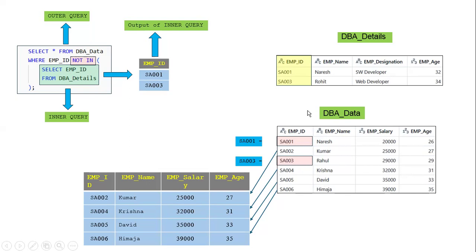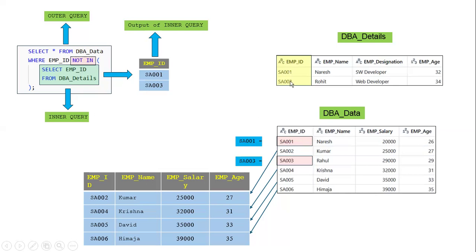First we check SA001 against the employee ID column of table A. I compare it with the first value, and I have this value. Since this value is there, it is not going to print, since this is a common record.